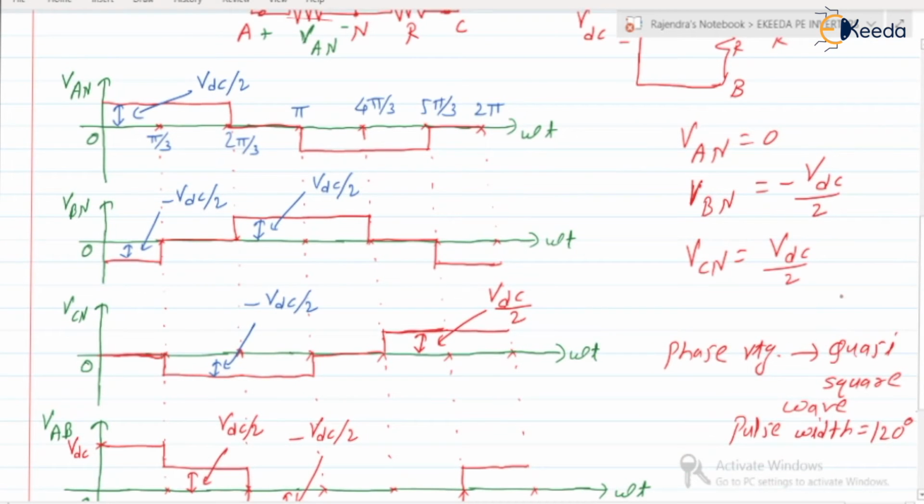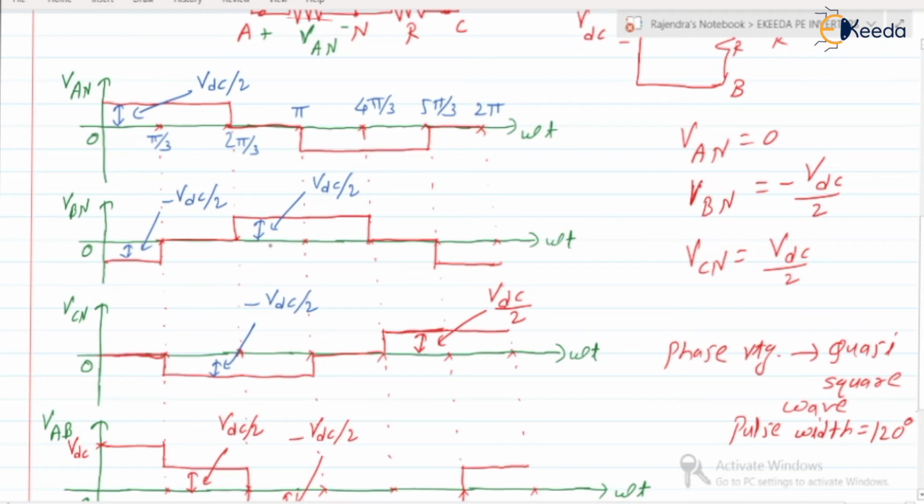Next, if you check the phase difference between phase voltages, whatever the waveform we are having for VAN, that is VDC by 2, VDC by 2, 0. It is starting in the VBN, VDC by 2, VDC by 2, 0, after two intervals. So can we write VBN is lagging to VAN by angle 120 degree? Yes.